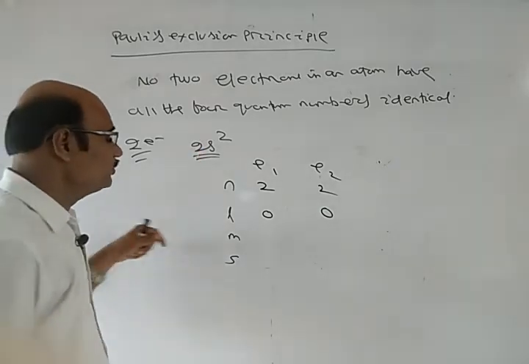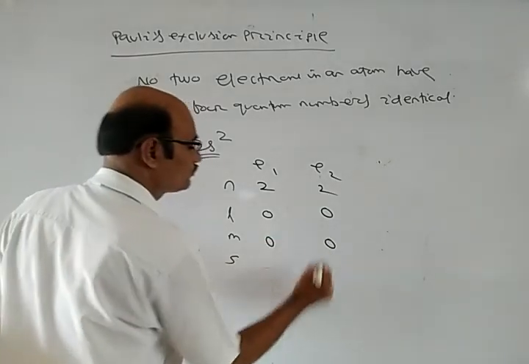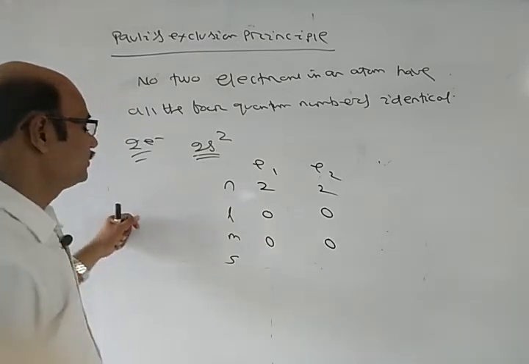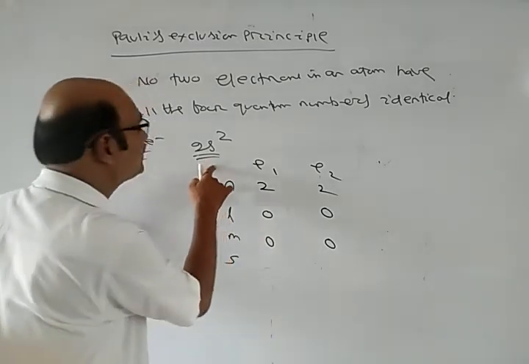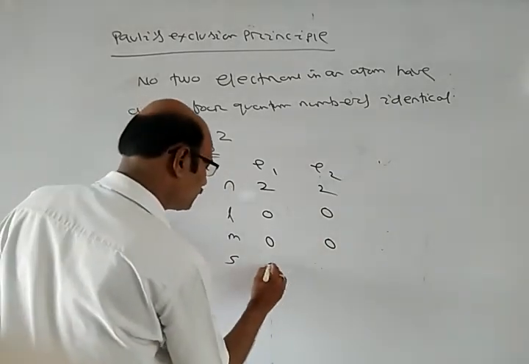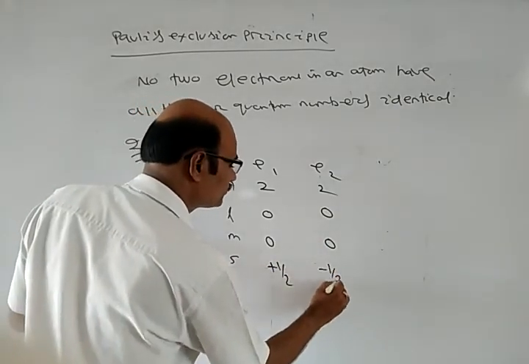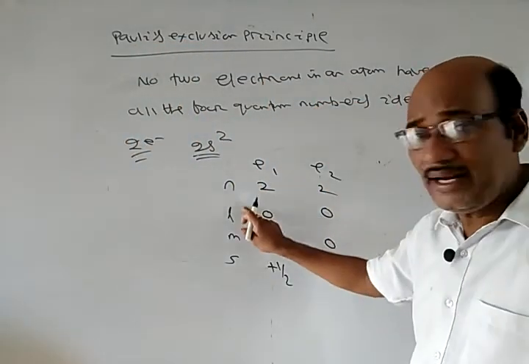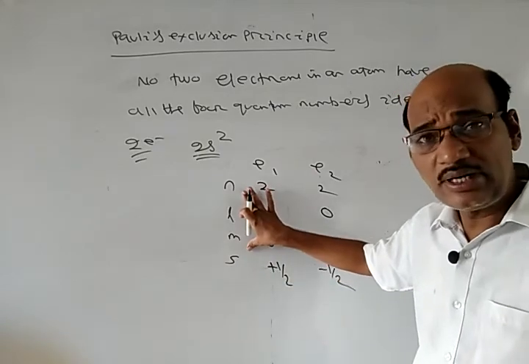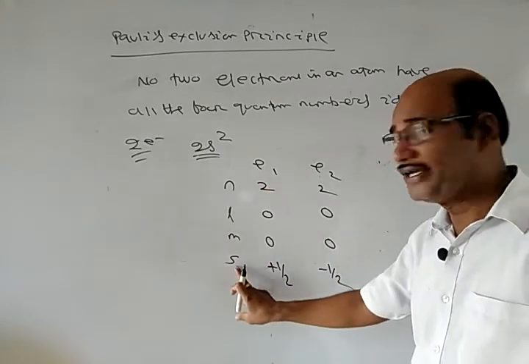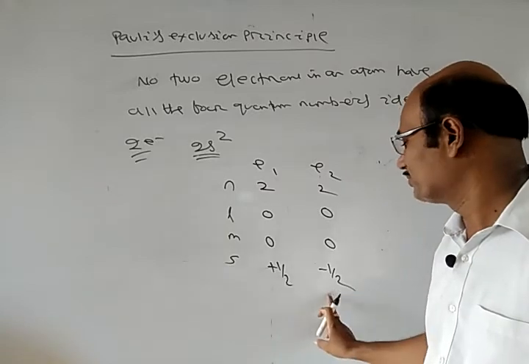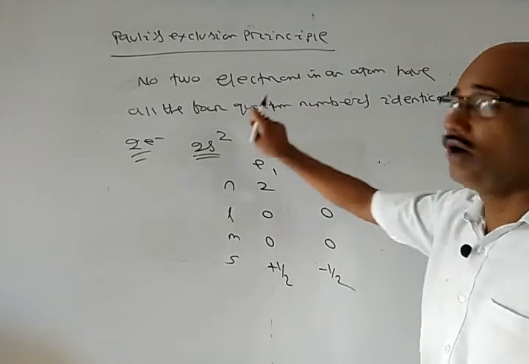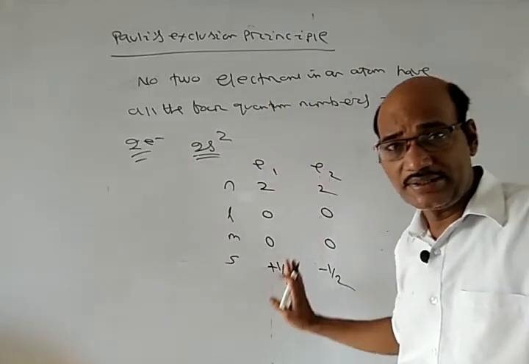Because l equals 0, therefore m equals 0. Okay, but s equals what? Because the two electrons are in one orbital, s is plus half, minus half. So here you see n, l, m, the 3 quantum numbers are identical, but s is plus half, minus half, different. So no two electrons in an atom have all the 4 quantum numbers identical. Okay.